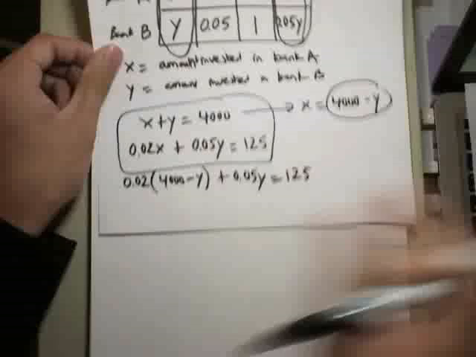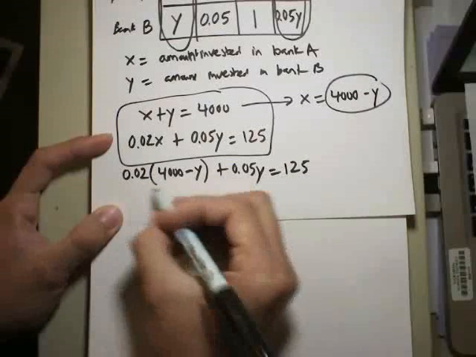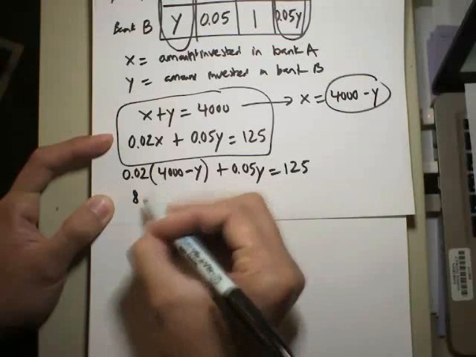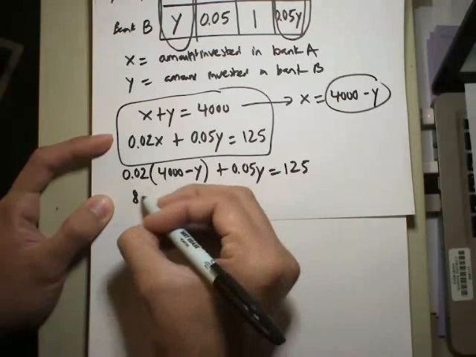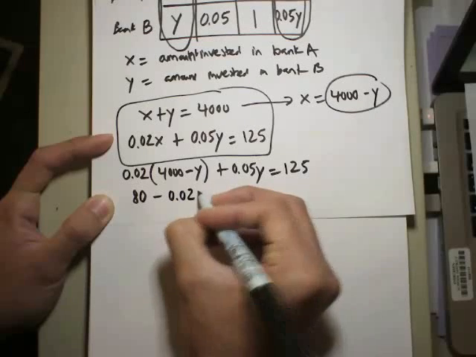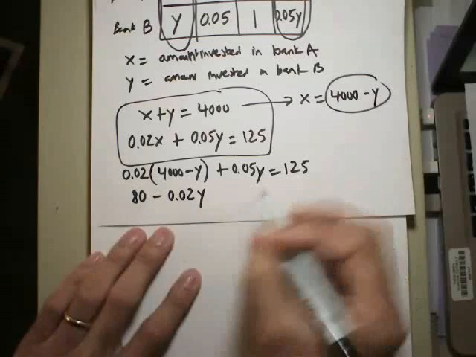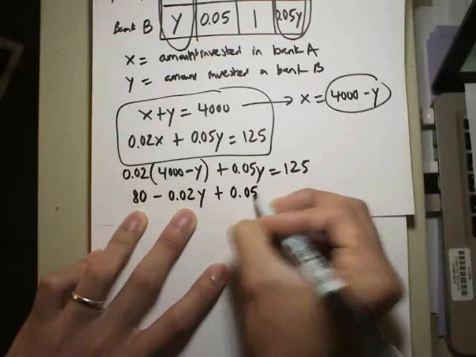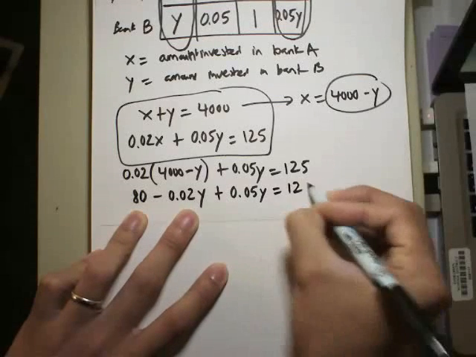Okay, so if you continue and distribute that, 2% of 4,000 is just going to give you 80 minus 0.02y plus 0.05y equals 125.